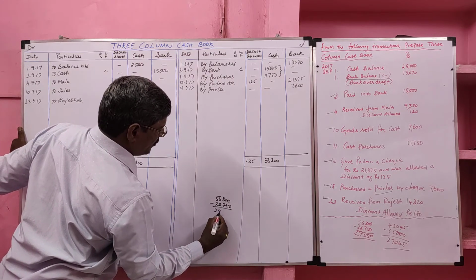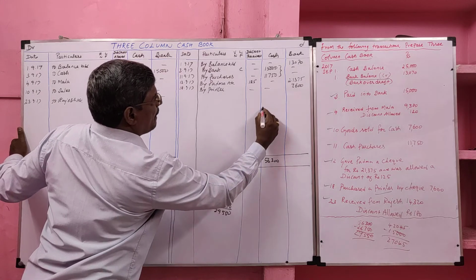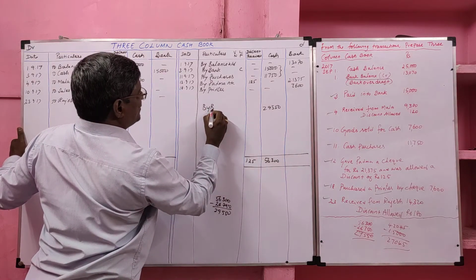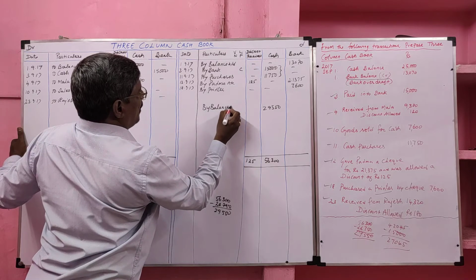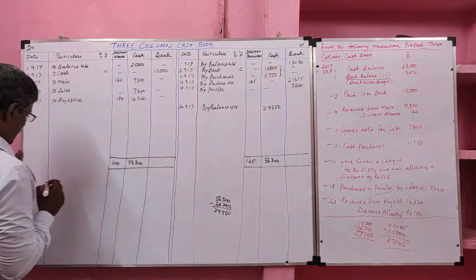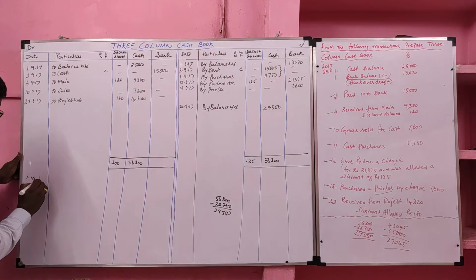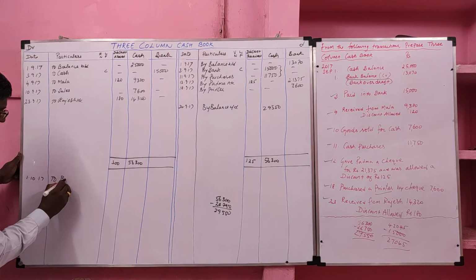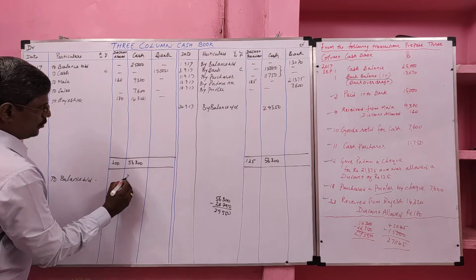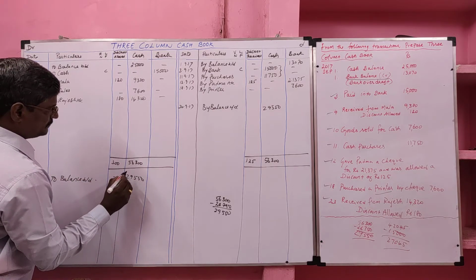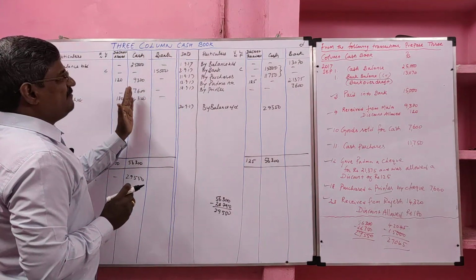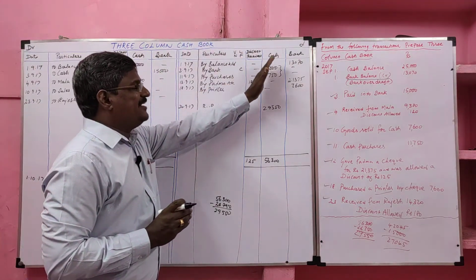Our balance is 29,550. 29,550 is the cash balance, to balance BD, the opening balance of 1st October 2017. Students, in the cash column the debit side value is always heavier than the credit side.